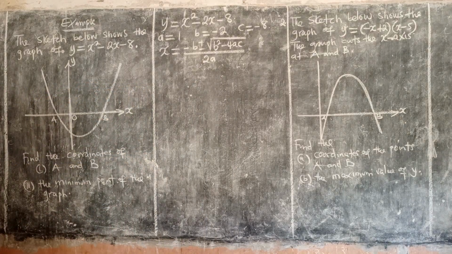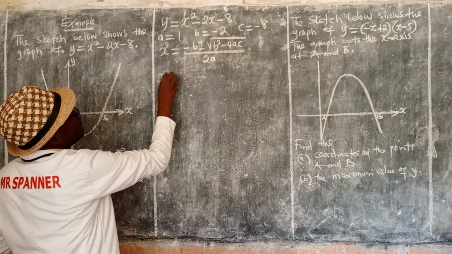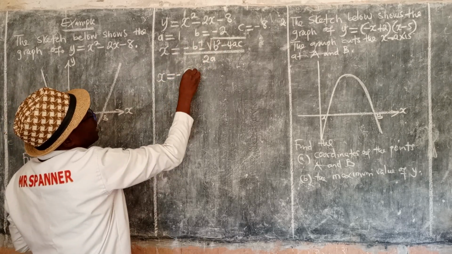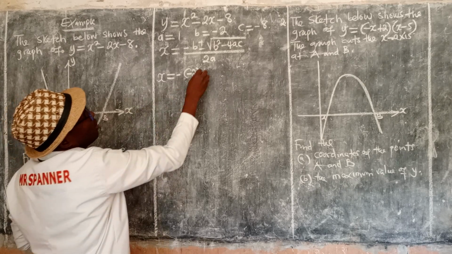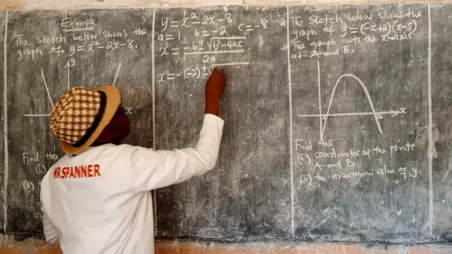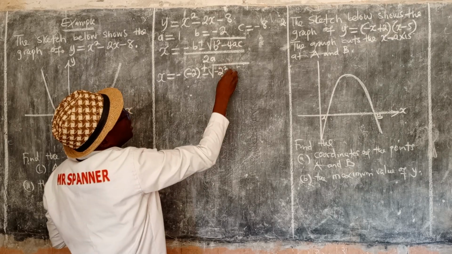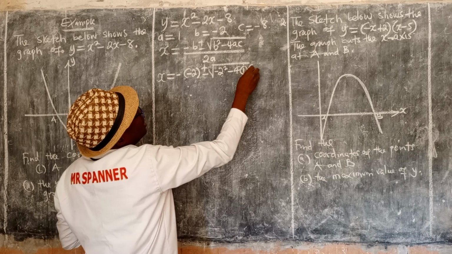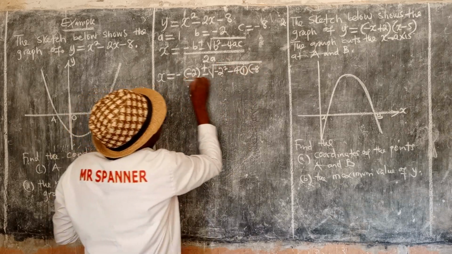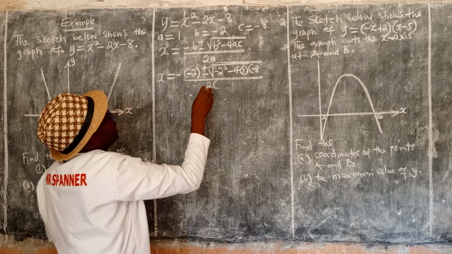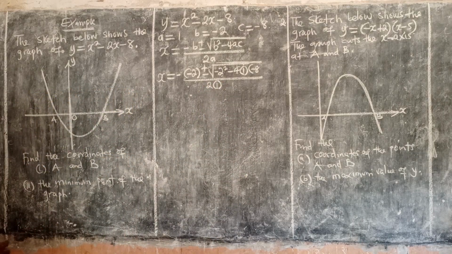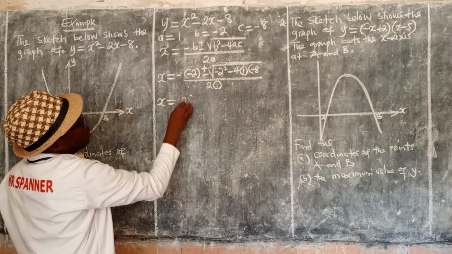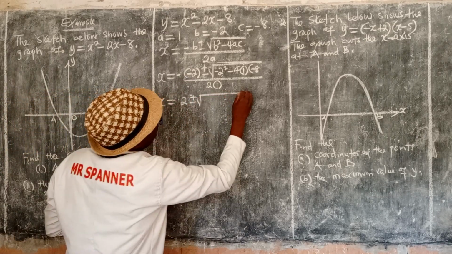Then from there we have x is equal to negative, and b is negative, so it should be positive 2, positive or negative square root of b, which is negative 2, squared, minus 4 times our a, 1, times our c, negative 8, over 2 times what is our a? 1.